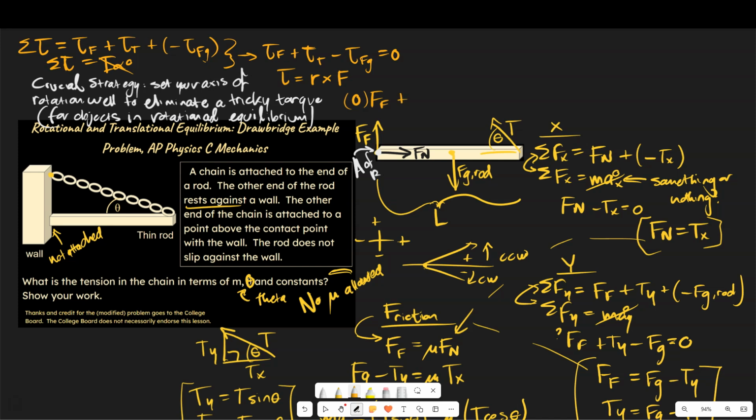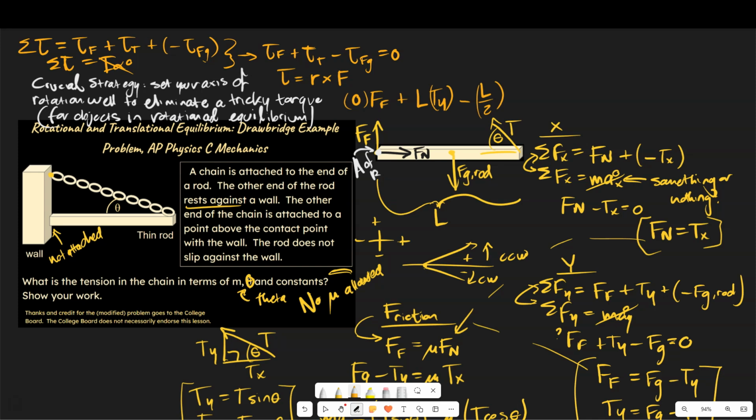Plus, let's think about where that torque from tension is applied. Well, that would be at length L. So length L times the tension in the y-axis. That's true for the second term. And then the third term, let's think about where the force is applied. In terms of L, that's going to be applied at L over 2.